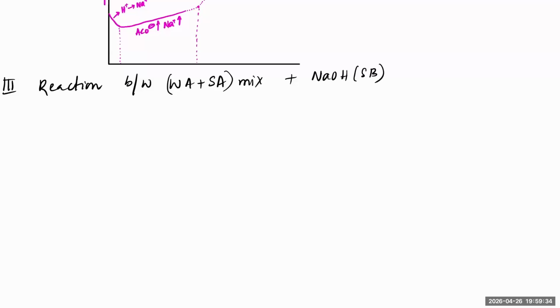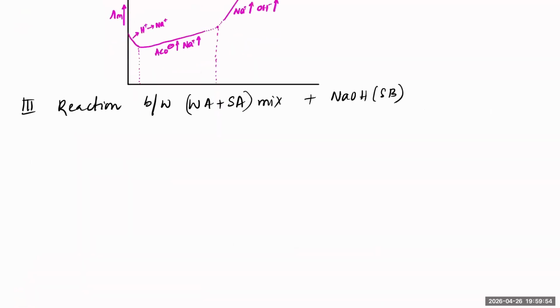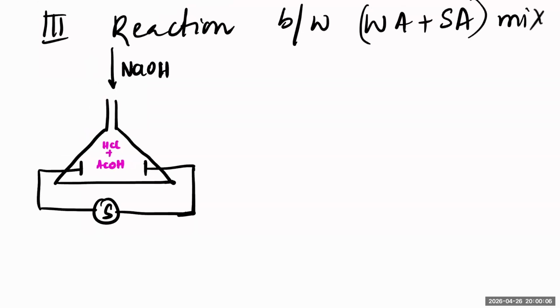Let's see the next titration. Now, this titration is about a weak acid and strong acid mixture that is being titrated with NaOH. So here I have a mixture of HCl plus ACOH, and then you are making a titration.